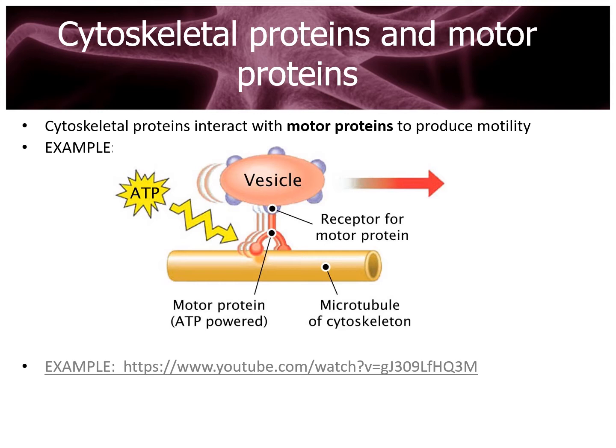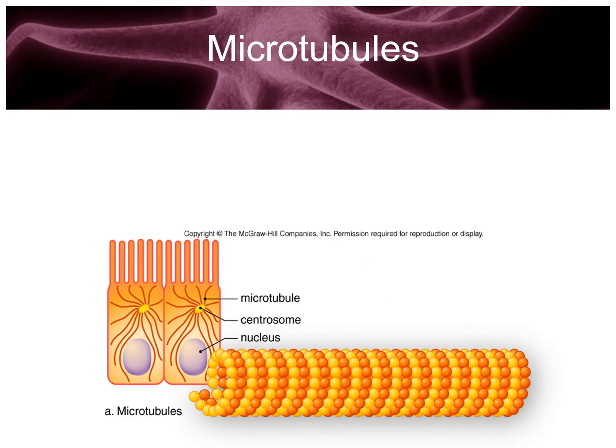And so the cell might need to move a vesicle. Remember, we just talked about vesicles moving from the Golgi to the plasma membrane. They would travel connected to a motor protein that then is walking along a cytoskeletal protein to get to its final destination. Evidence suggests that cytoskeleton proteins really help regulate biochemical activities inside the cell.